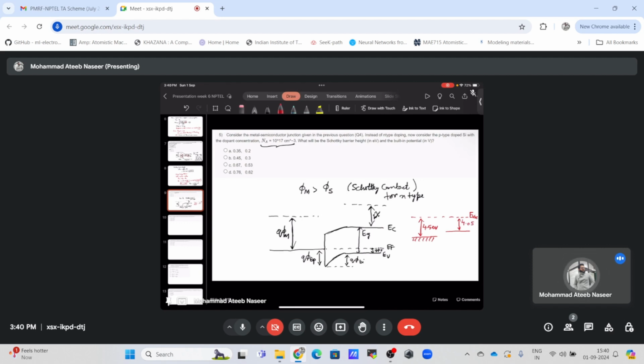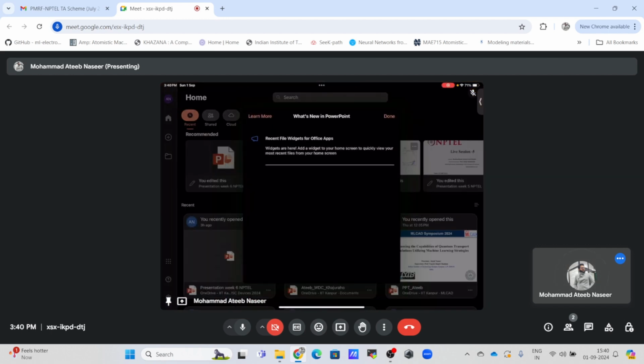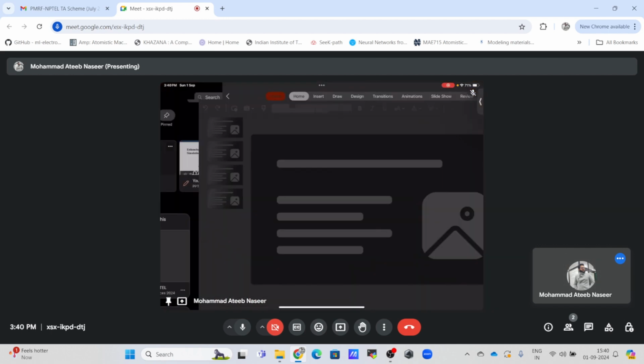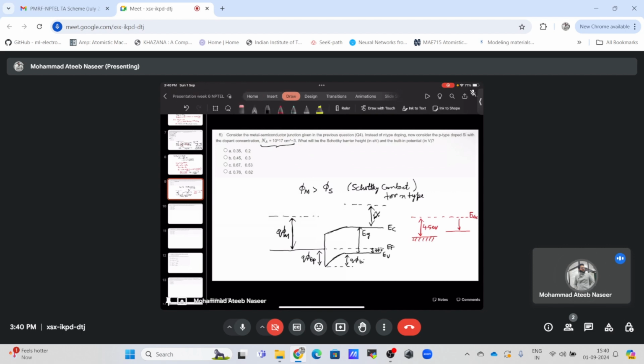If Ei is the middle of the band gap, it would have been present over here, and this was 4.05, and as I had written it previously, this would have been 0.56 electron volt, simply Eg by 2.